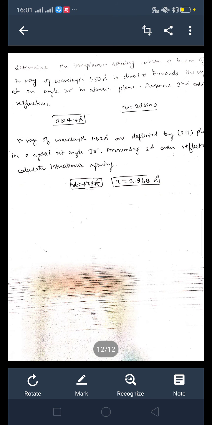Determine the interplanar spacing when a beam of X-ray of wavelength 1.50 angstrom is directed towards a crystal at an angle of 20 degrees to the atomic plane. Lambda equals 1.50 angstrom is given in the question.